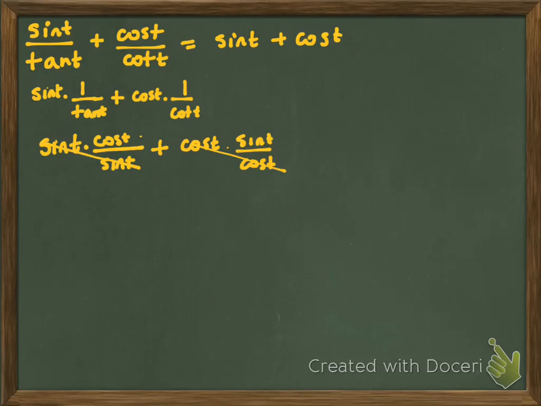Because I can rewrite the order of things being added. So I get sine t plus cosine t equals sine t plus cosine t. Check. And done.